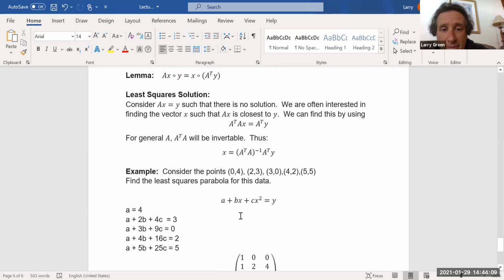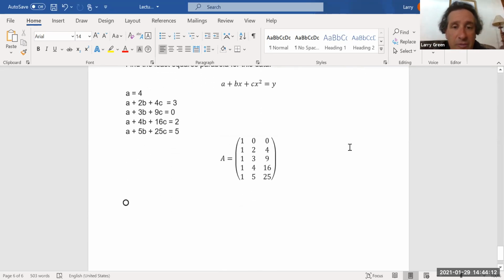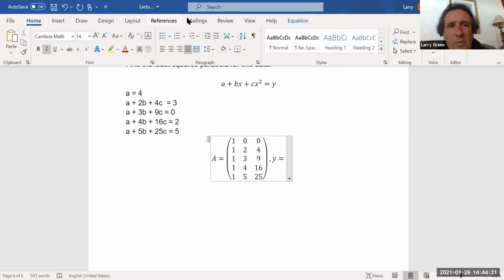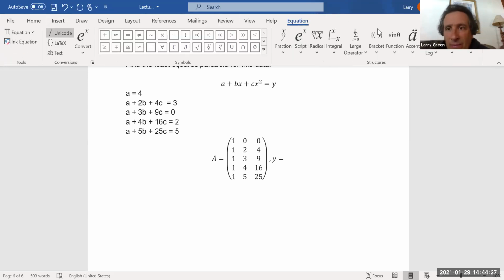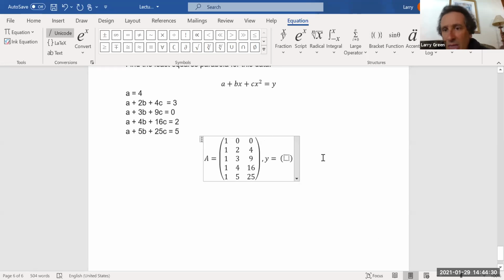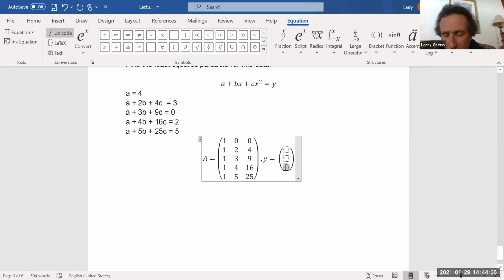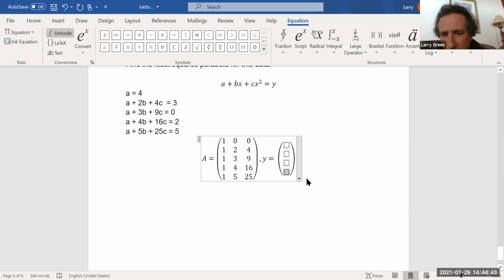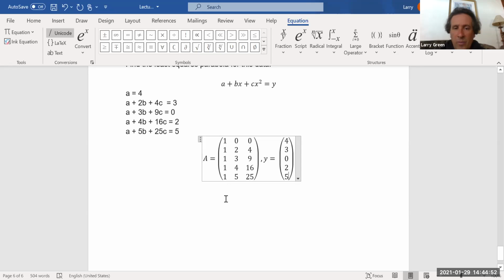Okay, and notice, by the way, our Y is going to be 4, 3, 0, 2, 5. Any questions on that?